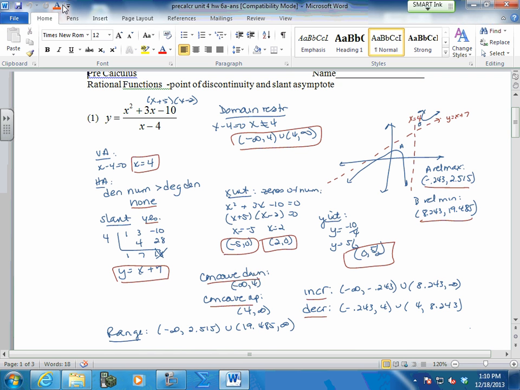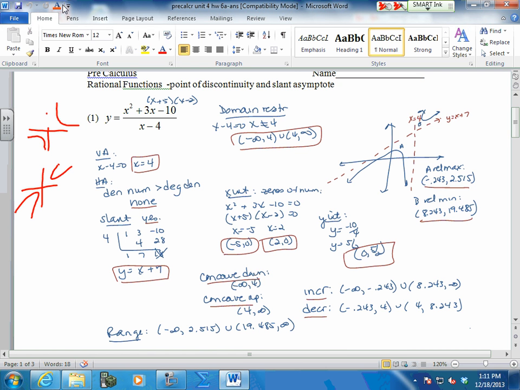Now, also, we talked about most of your functions were looking like this. They were kind of like rounded off like this. A slant one is going to kind of do something different. It's going to kind of slant this. Now, when you find your slant asymptote, if you put that into your y2, you'll see where the slant asymptote helps the end behavior of your function.